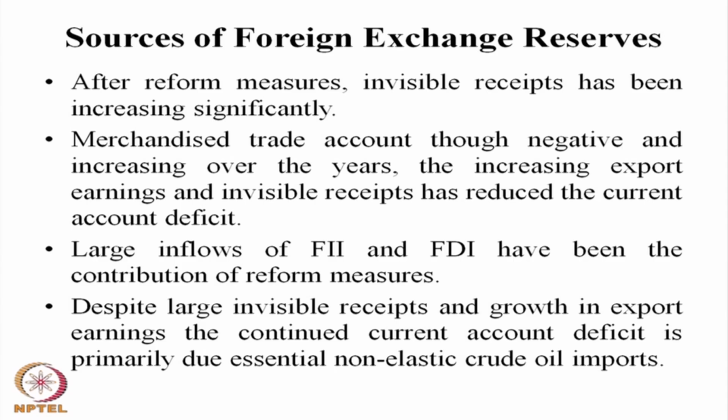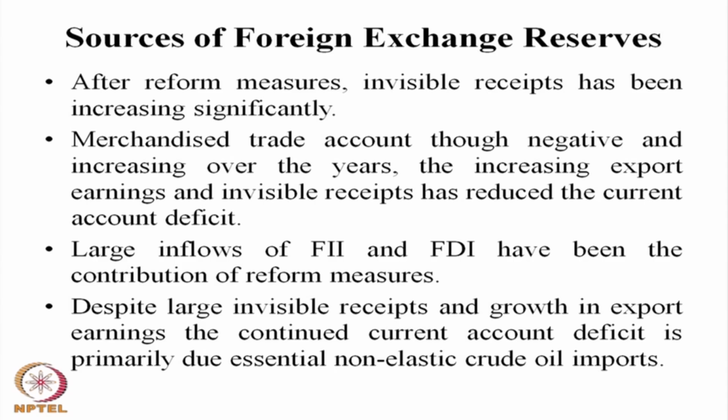Large inflows of FII and FDI have been contributing because of the reform measures, and despite large invisible receipts and growth in export earning, the continued current account deficit is primarily due to essential and non-elastic crude oil imports.